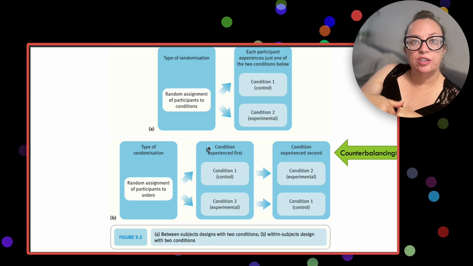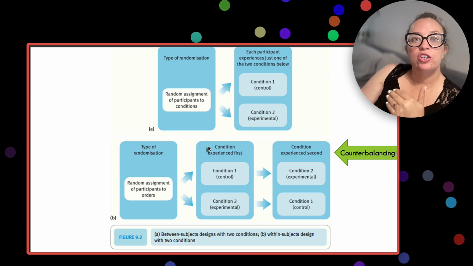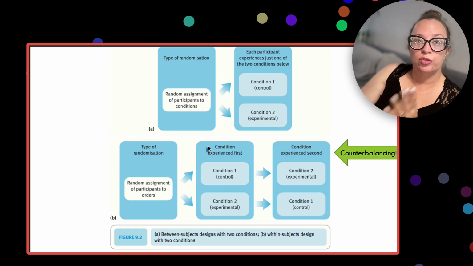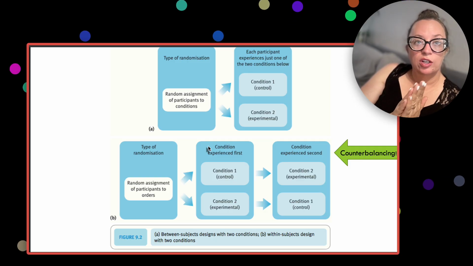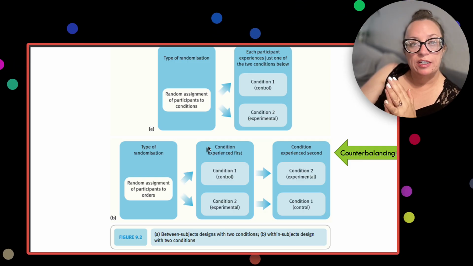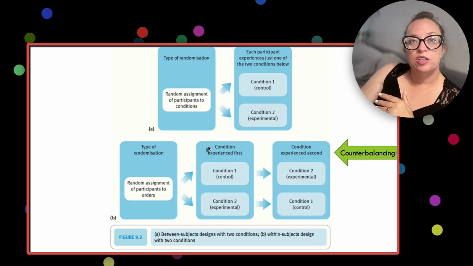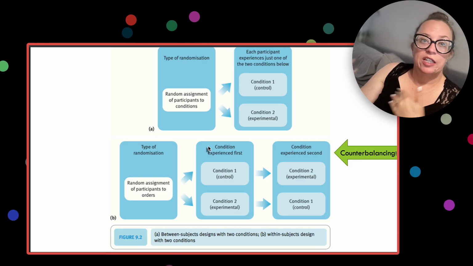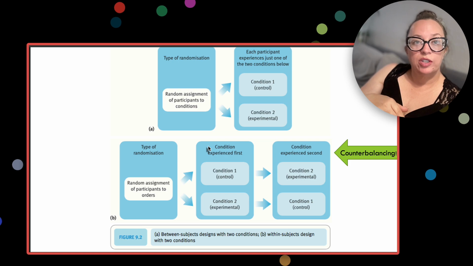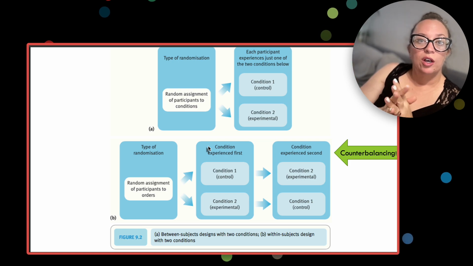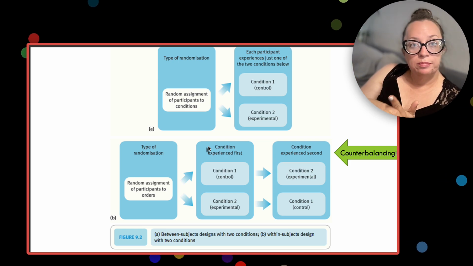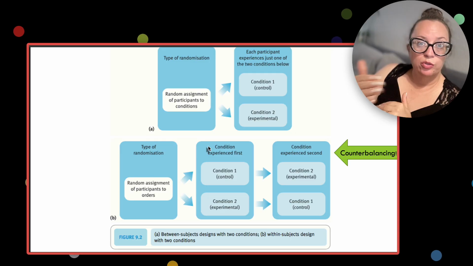And within subjects, if they're receiving both, we want to change the order in which certain individuals are receiving the conditions. So for example, one participant might take 6 weeks of placebo, then 6 weeks of the active drug. Another participant might do the opposite, take the active drug first and the placebo second, in order to eliminate what we call order effects. So with drugs, we could see this, right?